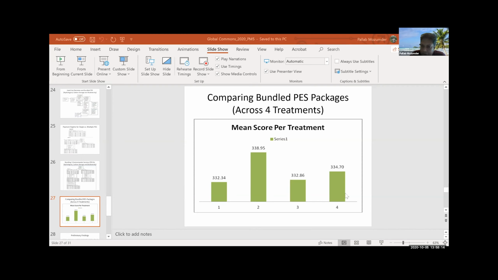On the other hand, when we took off all the additional incentives for the second and third PES, treatment 4 and 1 in terms of design feature are pretty much the same, but we see that people are still doing more conservation than what we observe in the first treatment.